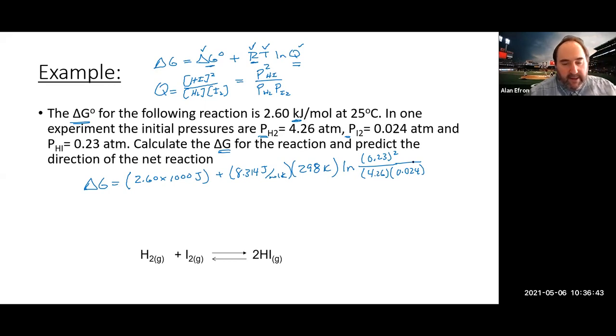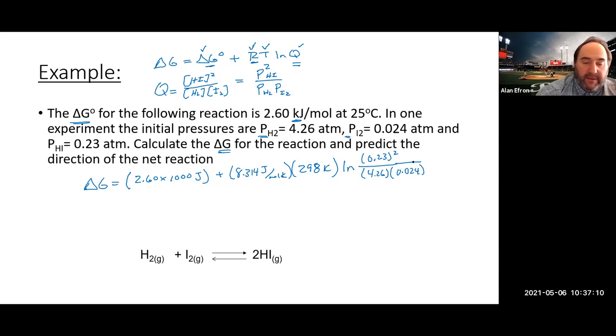All right, so I'm going to clean up maybe the right-hand side here a little bit of the plus sign. So we're going to take 0.23, we're going to square it, going to divide it by 4.26, and also divide it by 0.024. We do a natural log of that, and we're then going to multiply it by 298 and multiply it by 8.314.